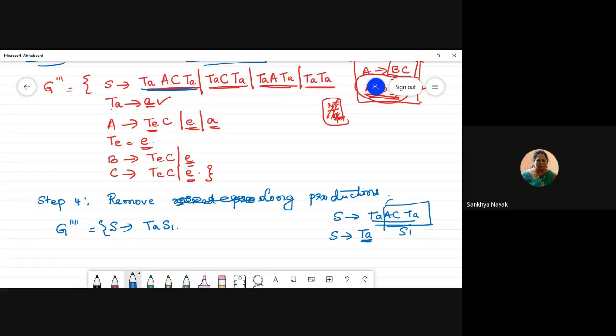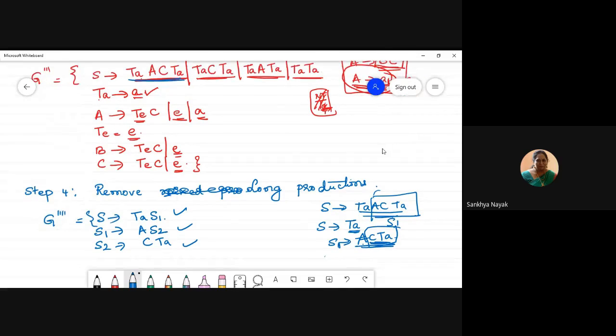Now S1 has three symbols, A C T_A. I have to convert it into two. So S1 derives A S2, and S2 is C T_A. Now all of them are one non-terminal giving rise to two non-terminals.